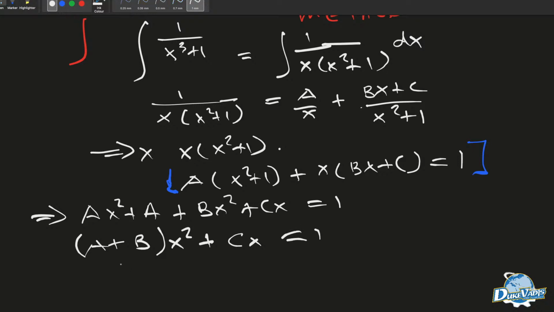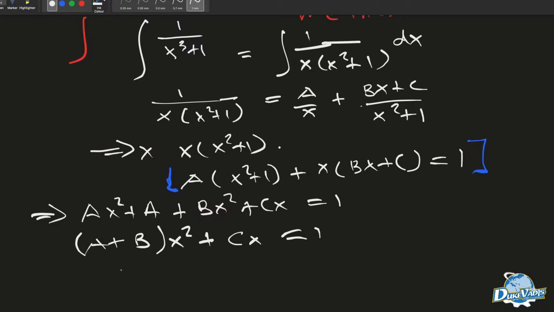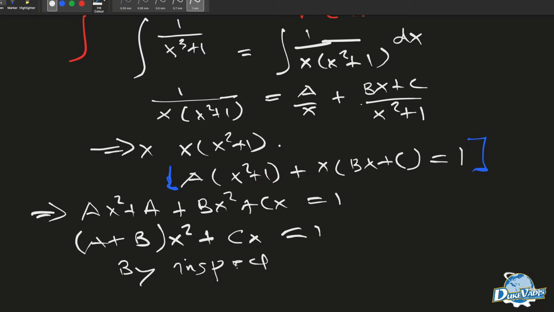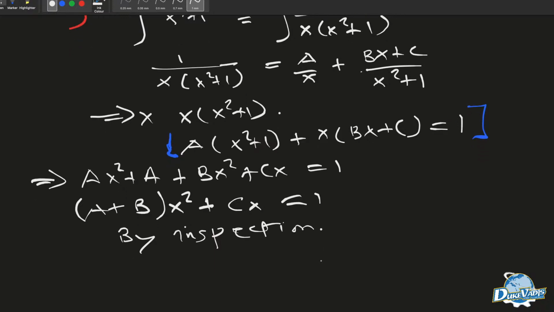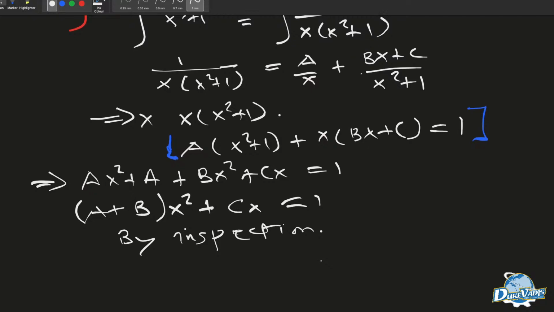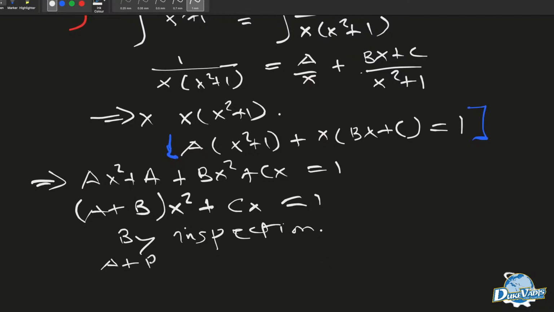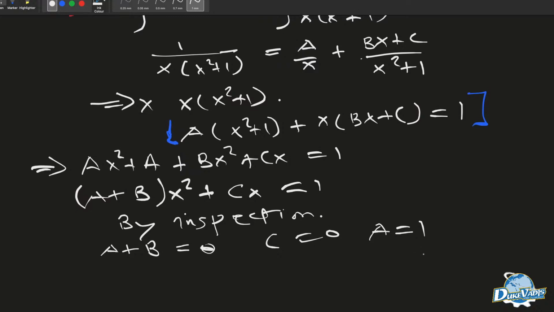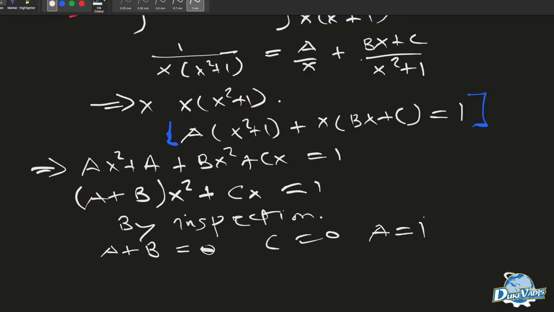So by inspection, we can say that A plus B is equal to 0, because we don't have any x squared term on the right hand side. Then C is also equal to 0, but A is equal to 1.